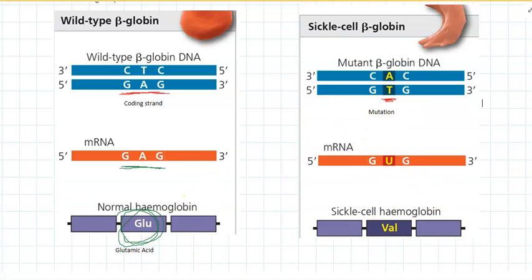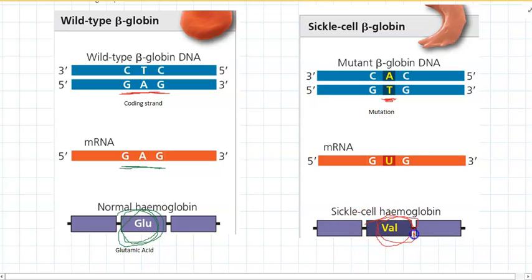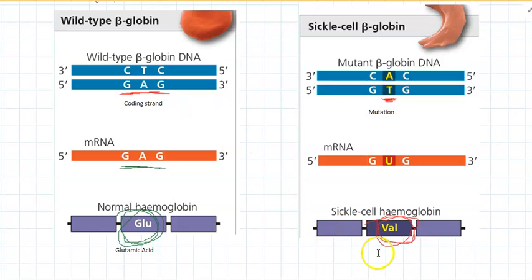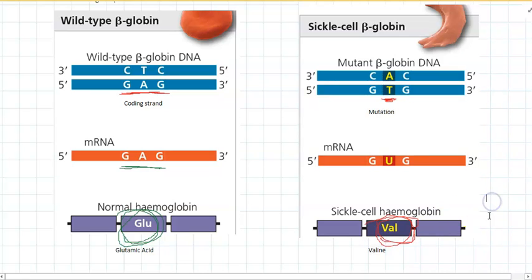And that one letter change is enough to change the amino acid in that position from glutamic acid to valine. Just another amino acid. But then that different amino acid means the protein changes its structure, and they actually all clump together, and it causes the red blood cell to have that sickle shape.